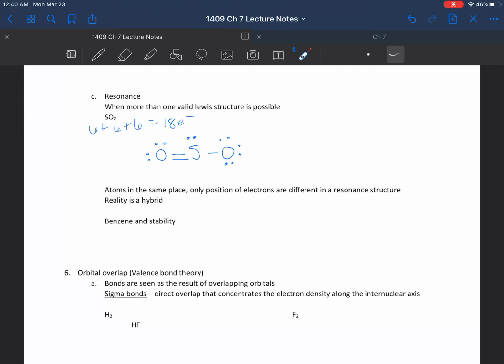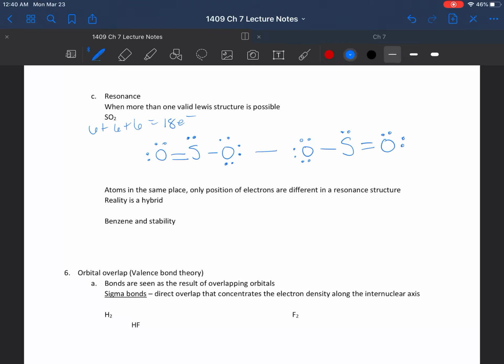There is no reason, though, that I had to share from this oxygen and not this oxygen. So there is another valid Lewis structure where I shared electrons with the oxygen over there on the right, and the oxygen on the left still had 3 lone pairs. Both of these are valid Lewis structures, and both of them are important.